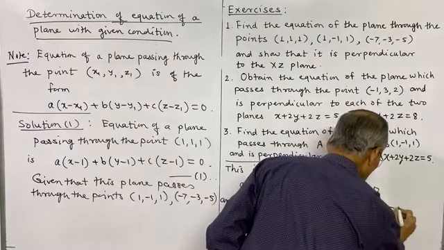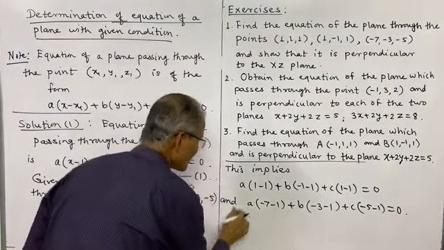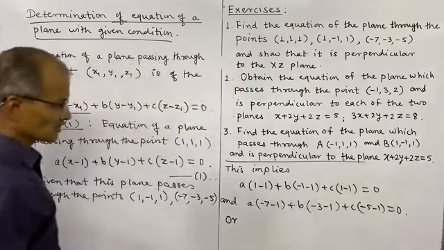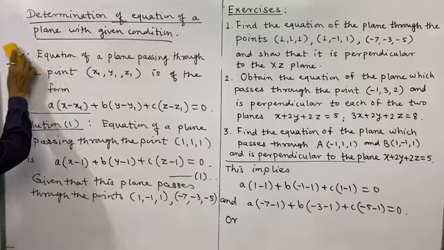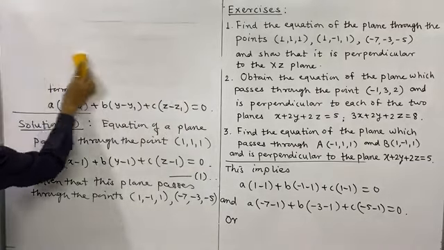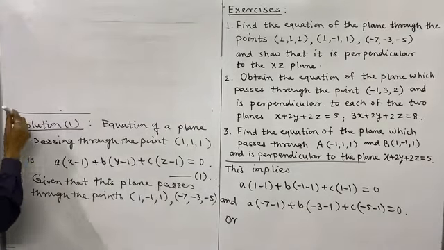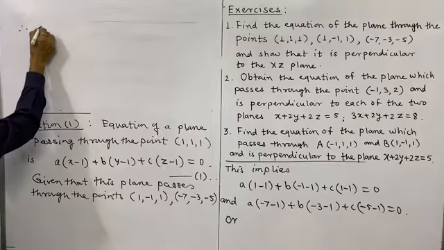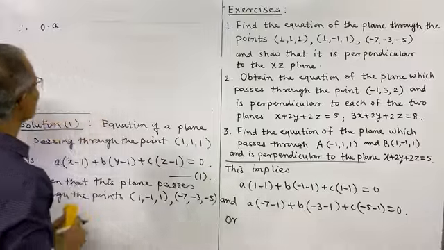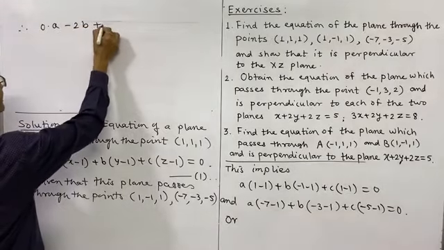So this implies 0 into a, this is minus 2b, and next is plus 0 into c.